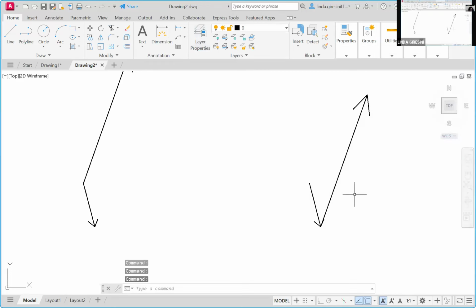Okay. So the last vector will be this one for sure. So we can mirror it. Let's make it in another color.